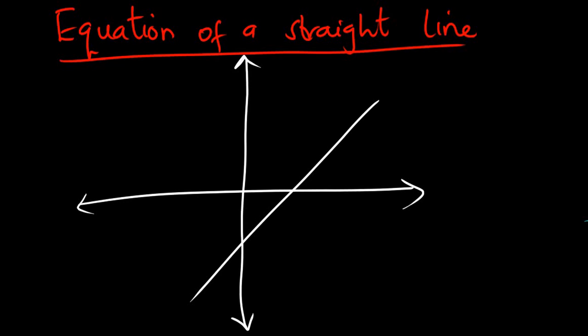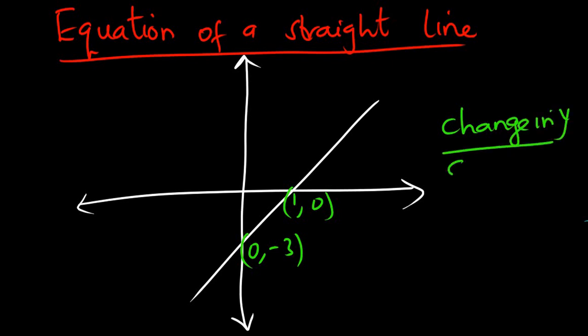Let's say we have point (0, -3) and this other point is (1, 0). Using those 2 points, we can find the gradient of this line, which we get by the change in y all over change in x.